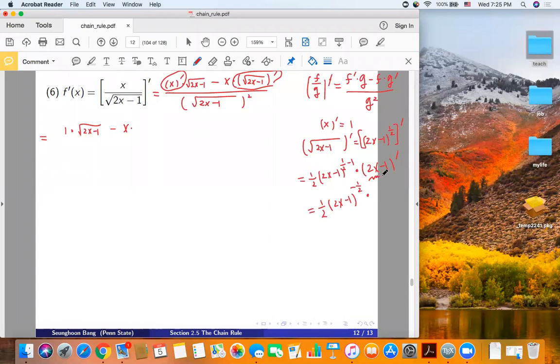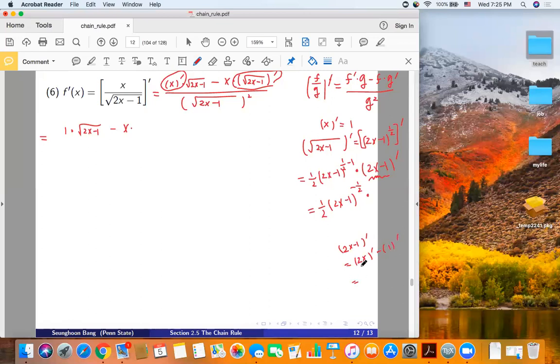what's 2x minus 1 prime? Do you know? Is the 2x prime like 0? I don't think so here. The 2x minus 1 prime is exactly 2x prime minus 1 prime.